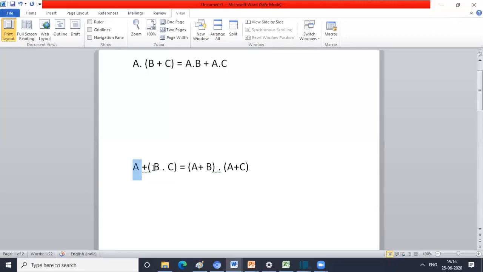So A plus B, then this dot will come here, dot in other bracket, you have to take A plus C. So this is the AND distributive property, and the earlier one is the OR distributive property. Please try to understand this property properly, because we will require it in order to convert the POS expression into standard POS.